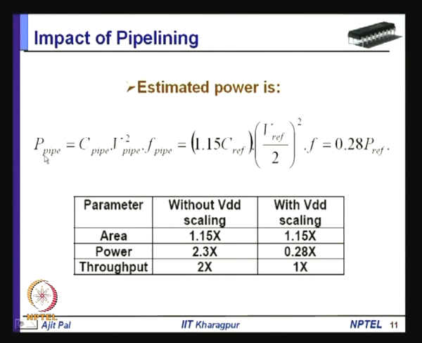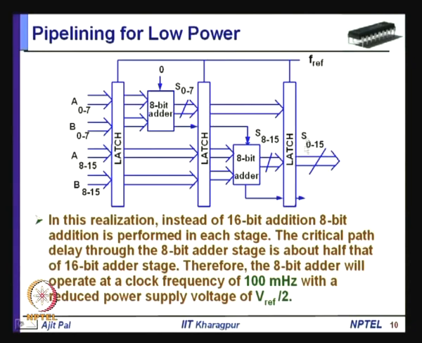So, the power dissipation P pipe will be equal to C pipe, that is the capacitance of this part of the circuit, and here you can see this is an 8-bit adder, this is an 8-bit adder. So, these two together make a 16-bit adder. The only additional things are latches. So, the increase in capacitance will not be as high as in the parallel implementation.